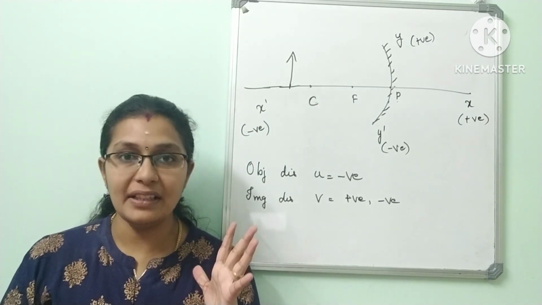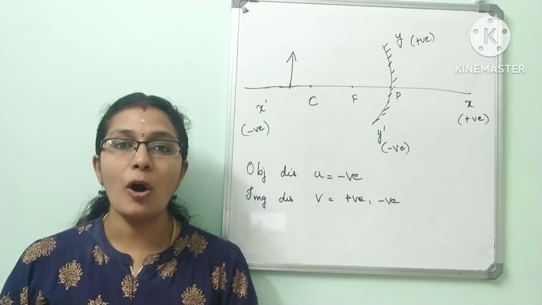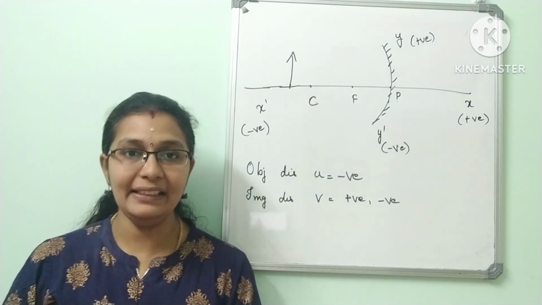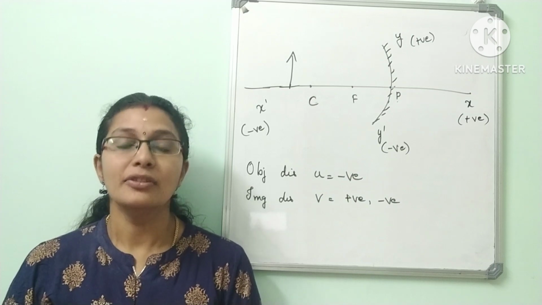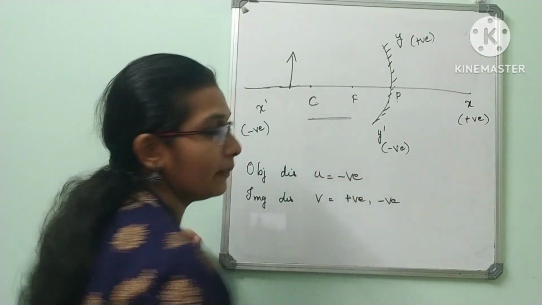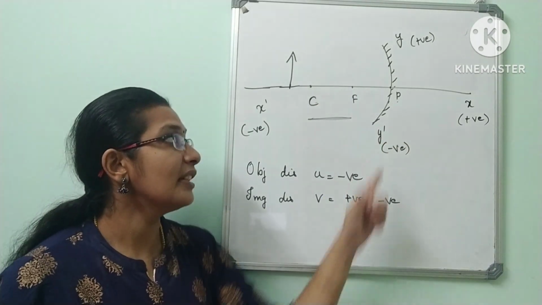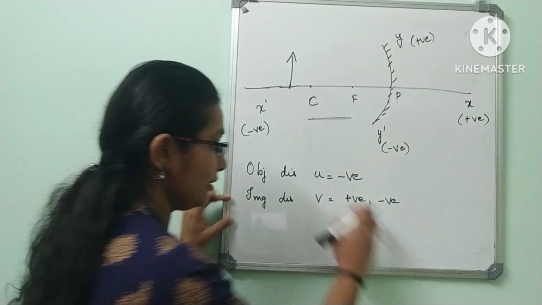So in the first 5 cases, until at F, you always have real and inverted images, right? Real and inverted means the image is formed this side, correct? So your image distance will be negative in those cases.